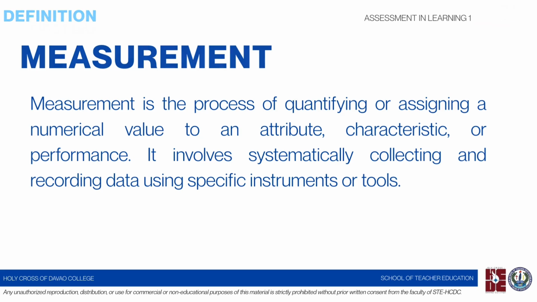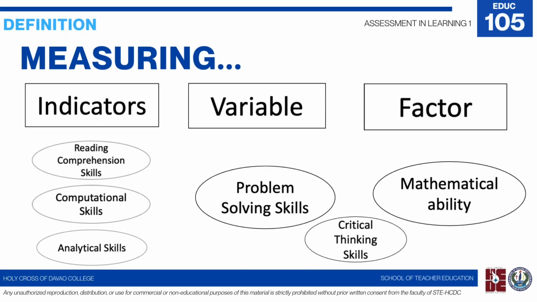In classroom assessment, some of the traits are observable, or they could also be measured using a standardized tool. For observable traits, there are indicators, variables, and factors that we can measure. Indicators such as reading comprehension, computational skills, and analytical skills are examples of indicators we can observe from our learners.